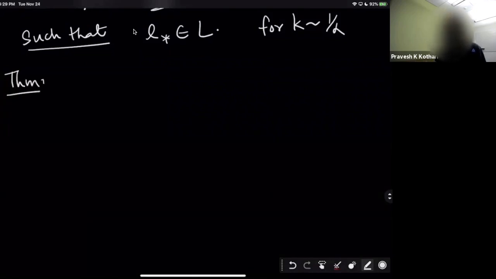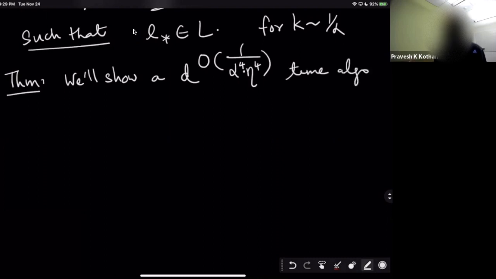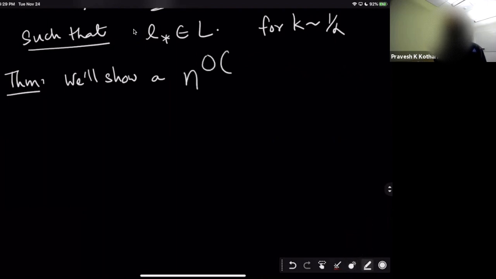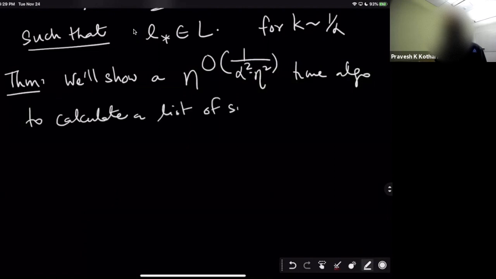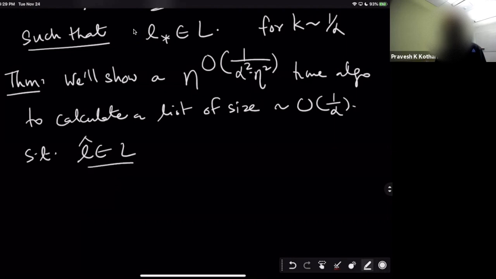We'll show an n to the 1 over alpha squared eta squared time algorithm to calculate a list of size O of 1 over alpha such that there is an L hat in this list satisfying that L hat minus L star is small, at most eta times the norm of L star.